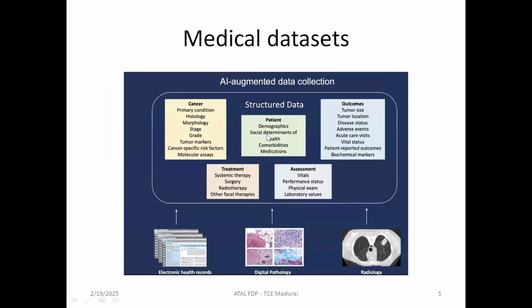The patient dataset defines some anthropometric data, that means the patient age, sex, demography, any comorbidities included, or what type of medications he or she has taken. We are supposed to include all types of data while dealing with these medical problems.